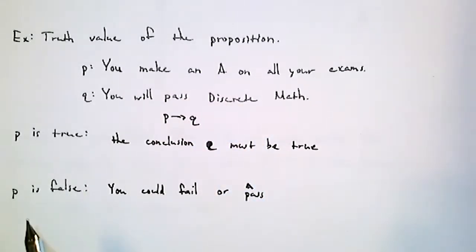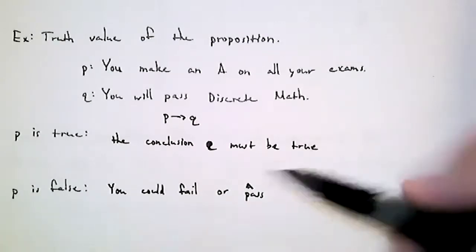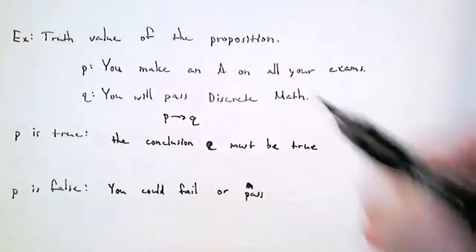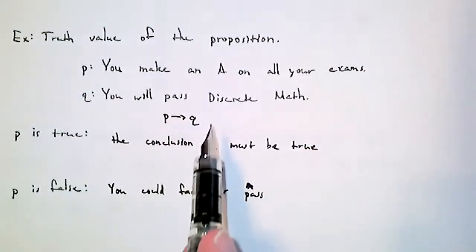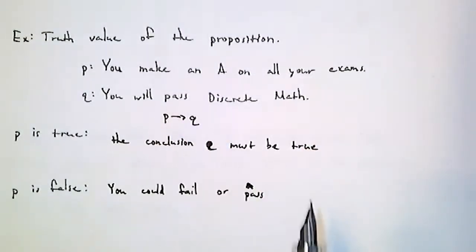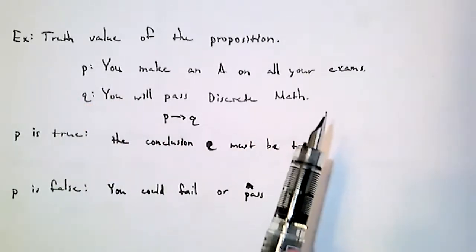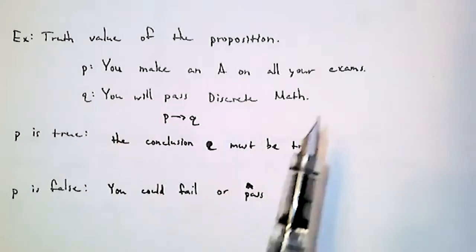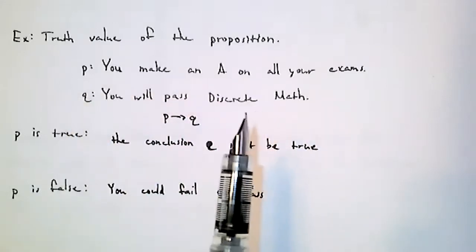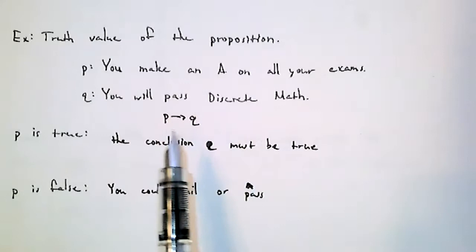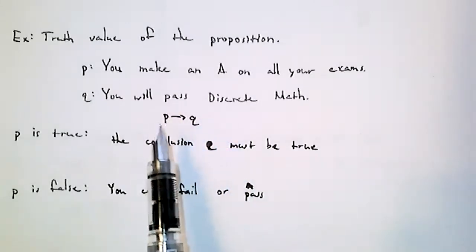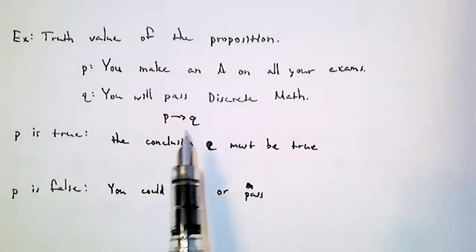Do you have to put not P if that's the case? No. We don't have to change the original. So the idea here is that if P is false, then this conclusion could be true or false, so you could pass or fail, but your overall statement to begin with is still true.